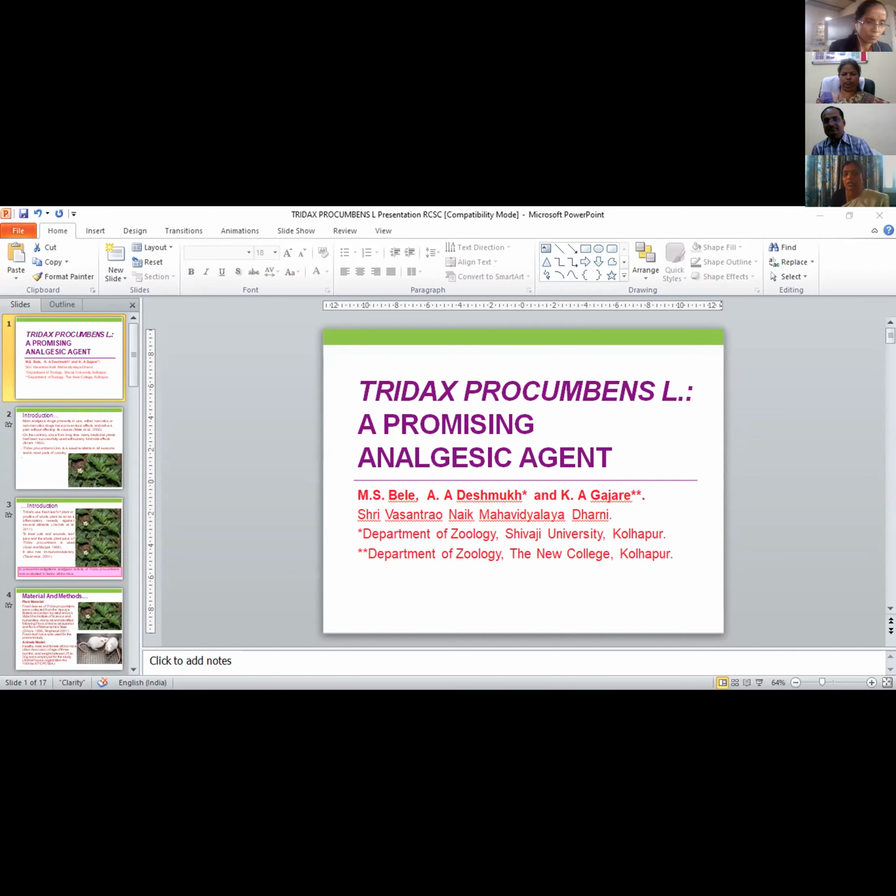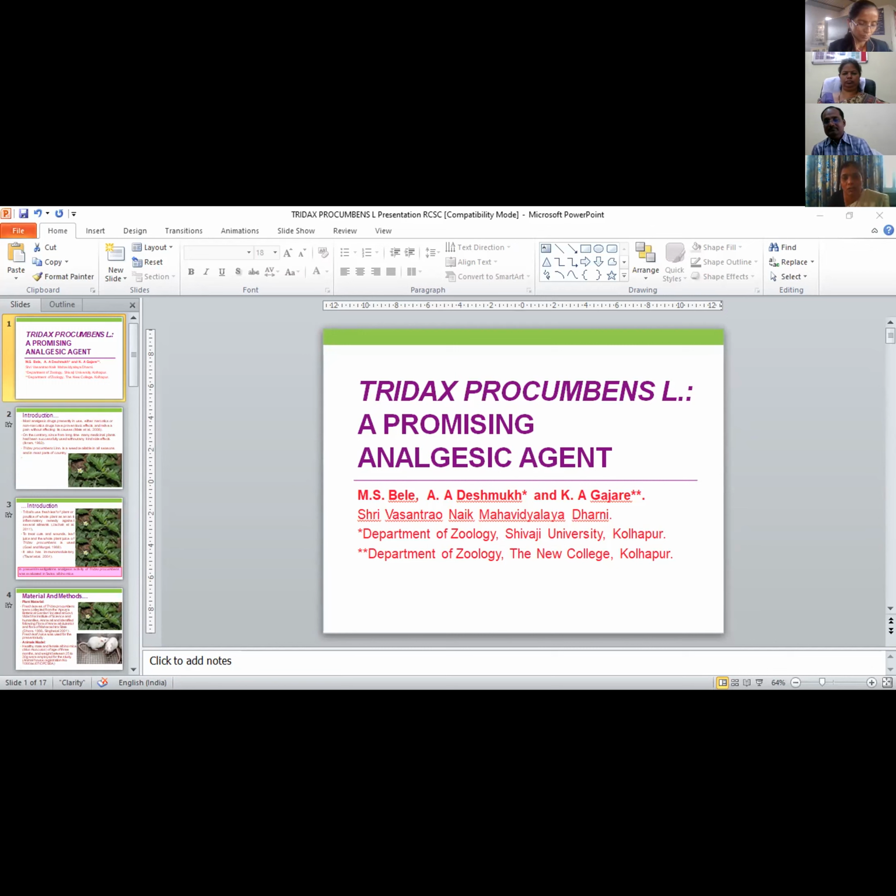That's why we have taken Tridax procumbens as our plant to investigate its analgesic action, and according to references, it is also immunomodulatory.